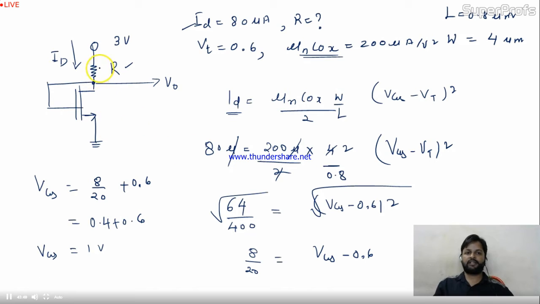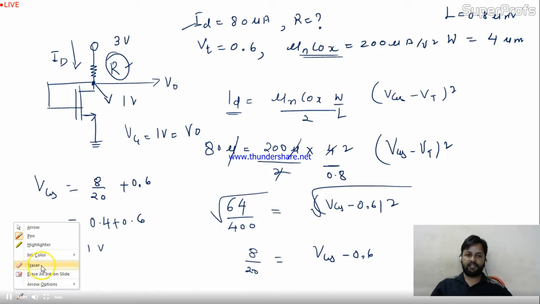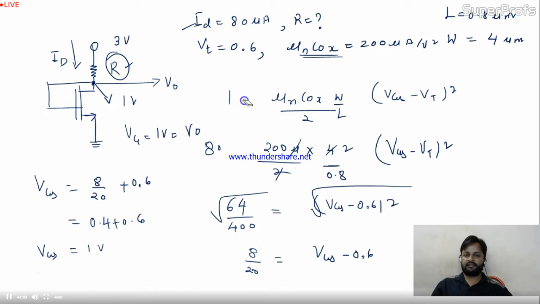Now you have to calculate this R. They're asking for R. VGS means VG. VG means 1 volt. For this circuit, VG is nothing but V0 also over here. So here you get the value 1 volt. Now they're asking R. Okay. So now this is very easy to calculate R. Let me erase some part, then I'll show you.